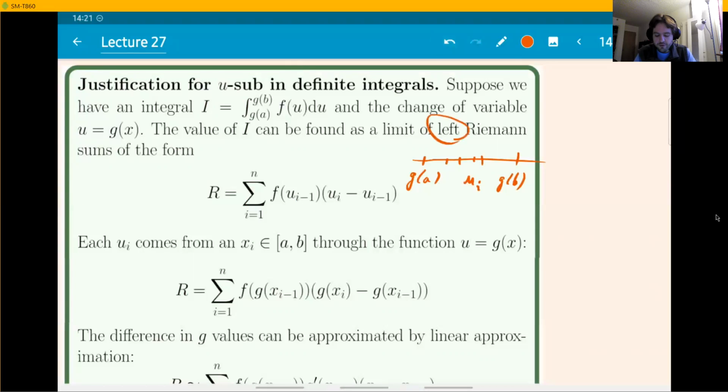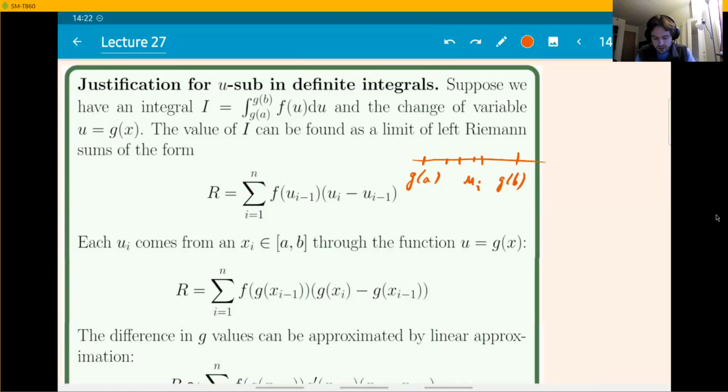That's why this is called the left Riemann sum. So by definition, this Riemann sum approximates this integral, and it becomes better and better the more refined your partition is, with the limit being the exact value.